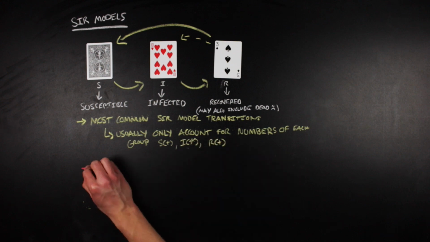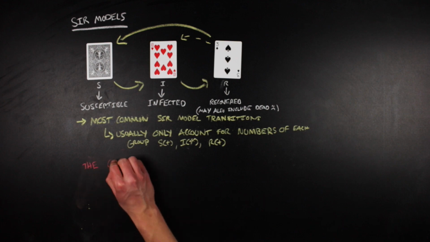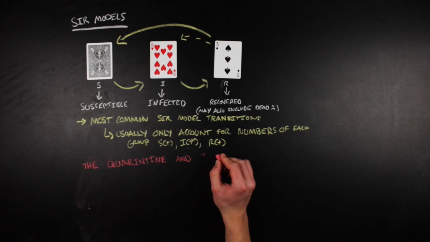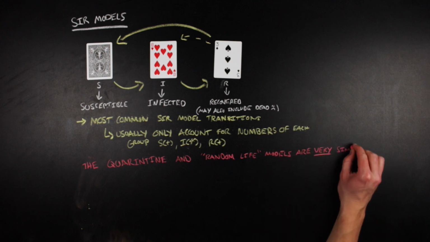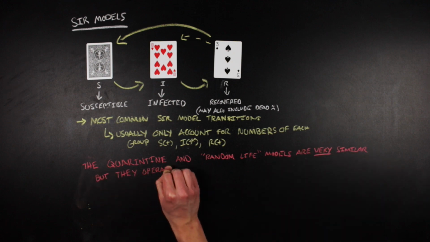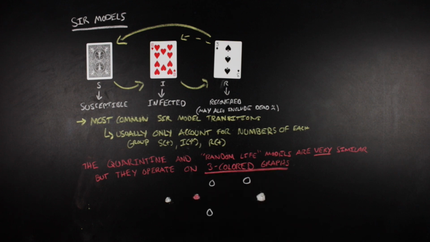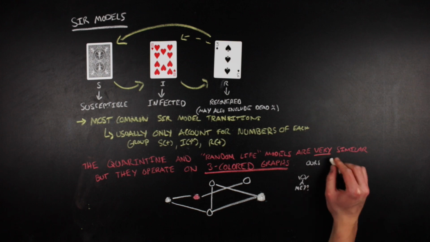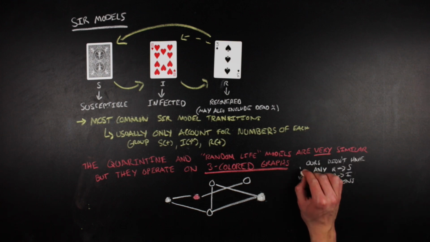If we want to be more general about our model, we could say that it is a SIR model in the traditional sense, but instead of acting on just population values for each of the 3 populations of people, it's operating on graphs of 3 colors, where each node is a person that is in one of the 3 populations, either susceptible, infected, or recovered, or in our case, susceptible, contagious, or non-contagious.